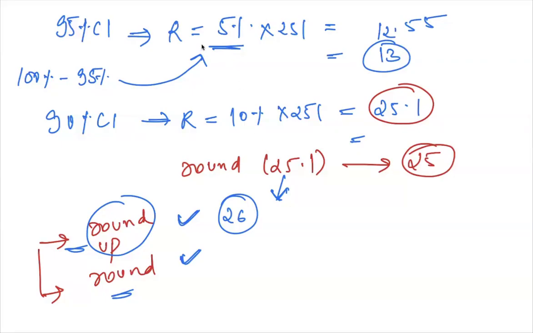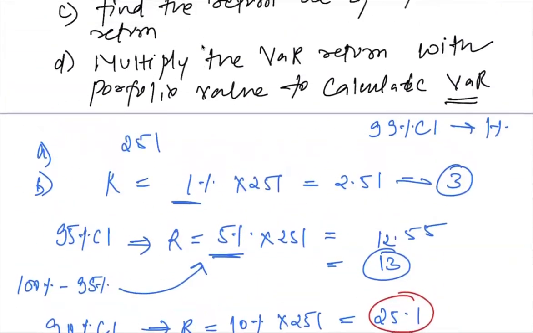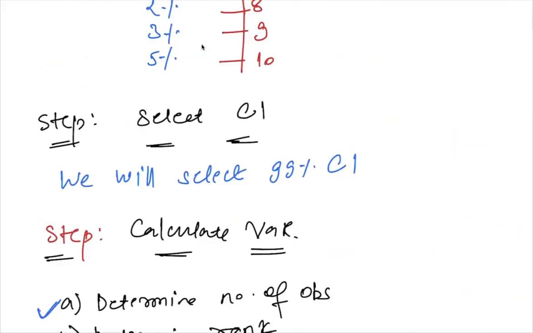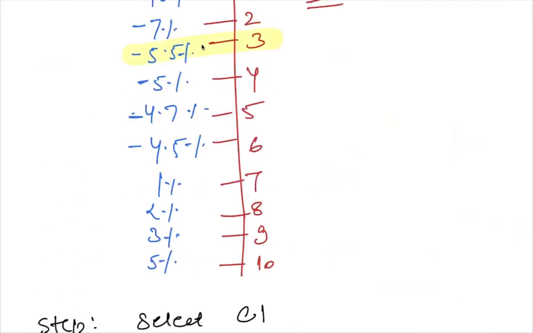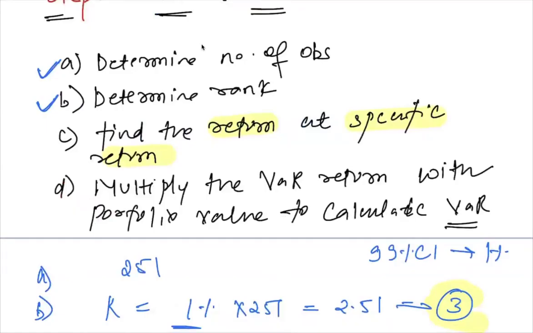Now, this was the second part. We determined the number of observations and we determined the rank. So for us, what is the rank? Third. Now find the return at that specific rank. Coming upwards, the return is negative 5.5%.